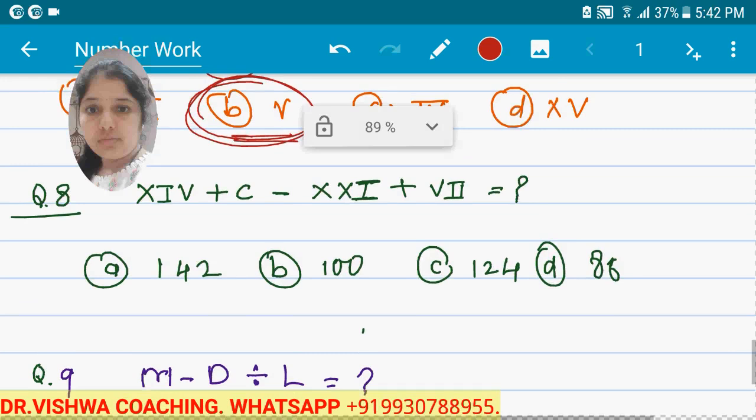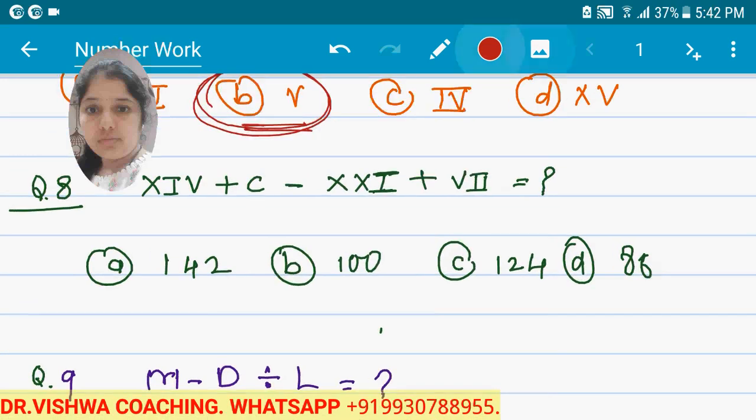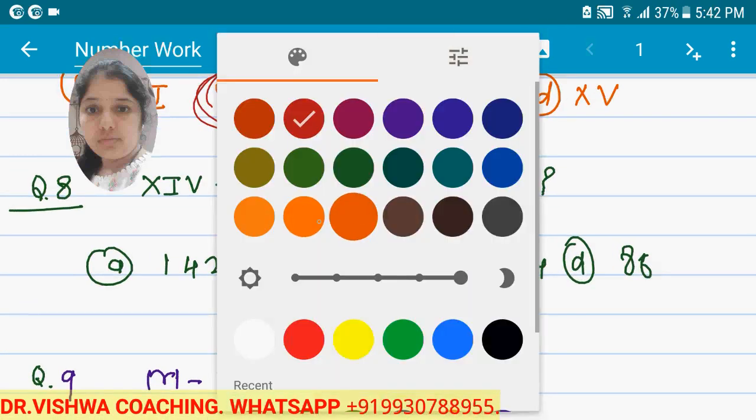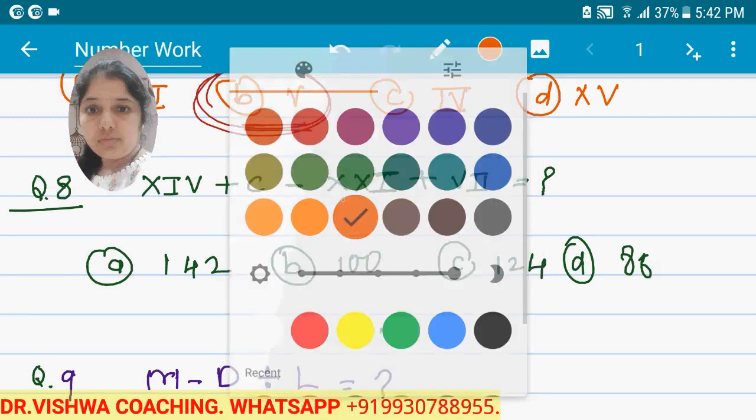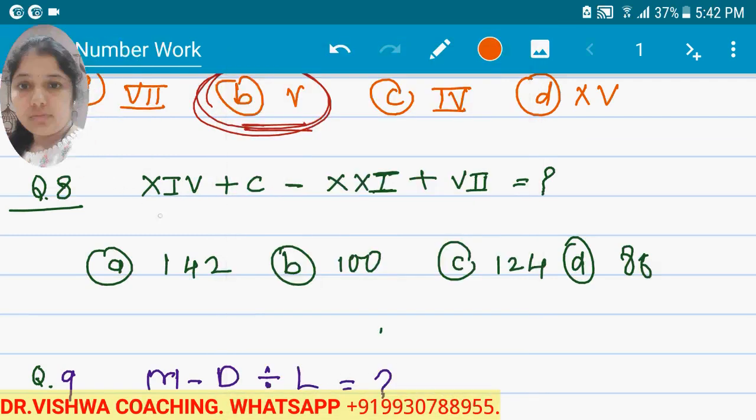Write the numbers in international numbers, or sorry, Roman numbers, and then do the operation. Now X means 10, I will first look at the X because it represents the tens. Okay, so X means 10 and IV means 4, you all know. So this is number 14.